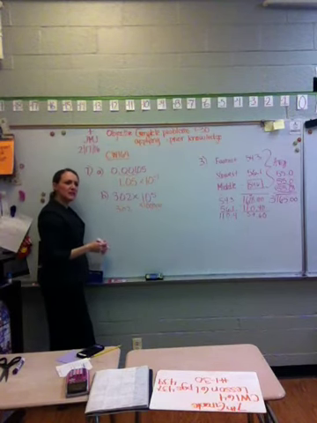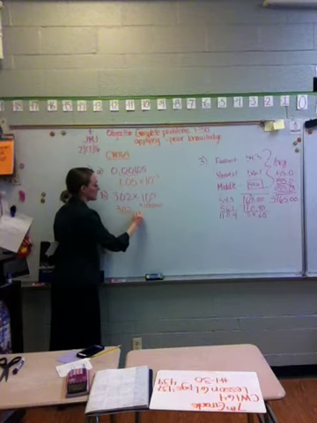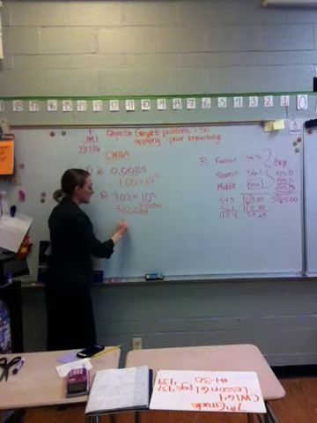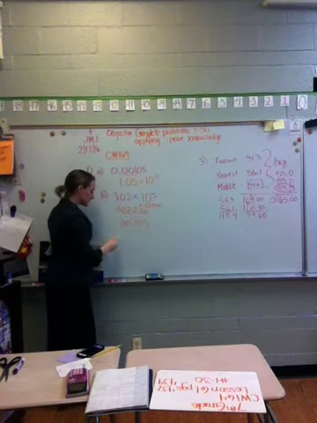So then think to yourself, something by 100,000, that's going to be a big number, not a decimal, right? So I'm going to move my decimal 5 places. 1, 2, 3, 4, 5. Add my zeros in. So 3.02 is 302,000. And that's my answer.